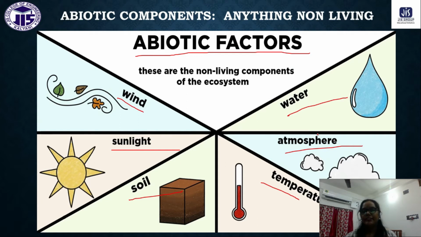Again I am repeating, abiotic factors are of three types: one is physical, one is inorganic substances, one is organic substances. In physical we have wind, sunlight, soil, temperature, humidity. Inorganic substances means the inorganic compounds, water. And organic substances means protein, lipid. These are all the organic substances.